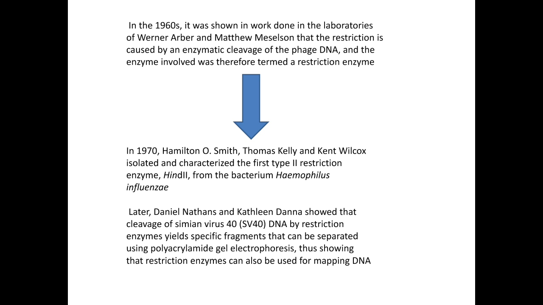For now, you just have to know that this is a process by which the DNA can be mapped, thus showing that restriction enzymes can also be used for mapping DNA. This is also very important for competitive exams and MCQs. And this fetched them the 1978 Nobel Prize.